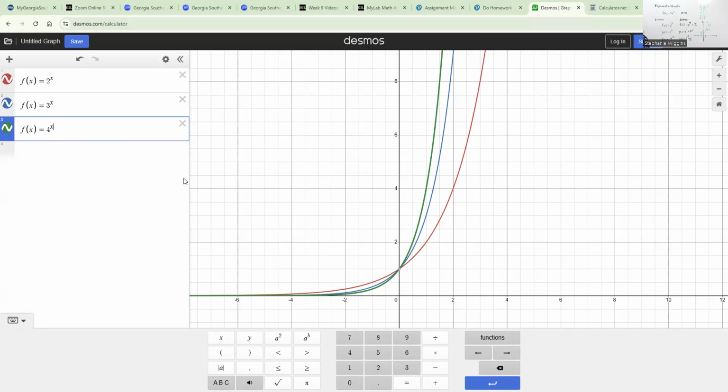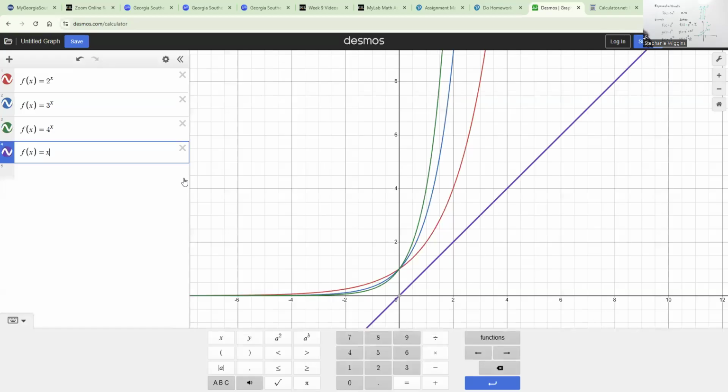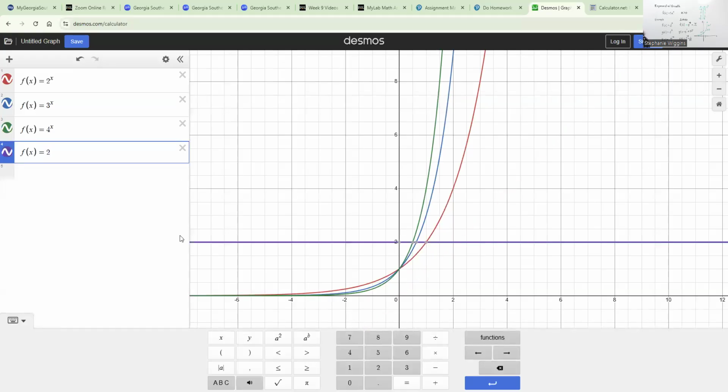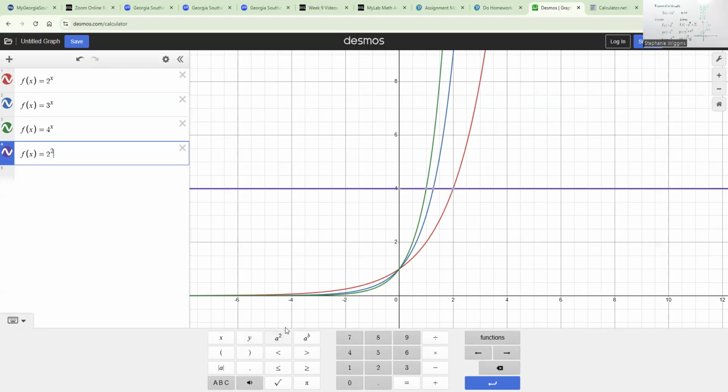Now let's look at what happens when you take the opposite sign. So if I take 2 to the power of now negative x.